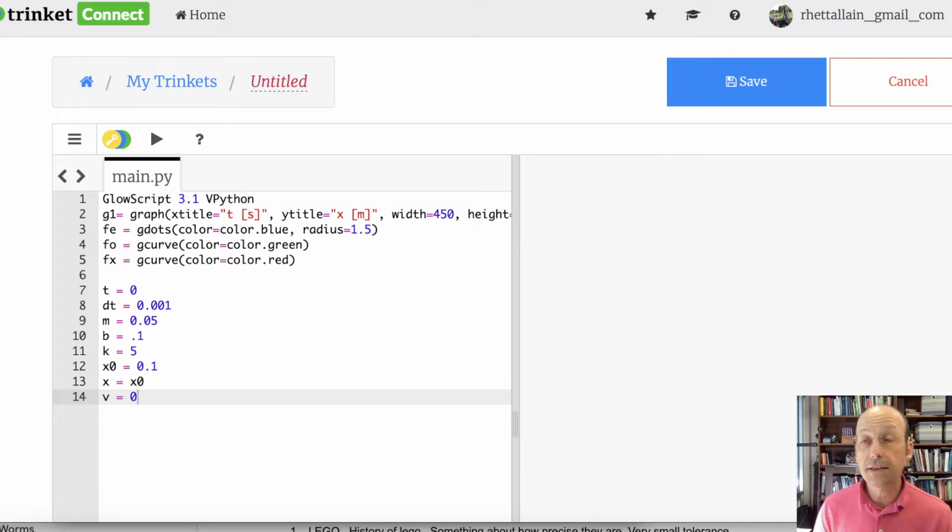So FE is the exponential decay. And I saw a picture of this where it's dotted, so I'm going to make that dotted. And then FO is my oscillating term. FX is going to be my total term. So I'm going to plot those 3 things. So the exponential is going to be blue, the oscillation is going to be green, and then the whole thing will be red.